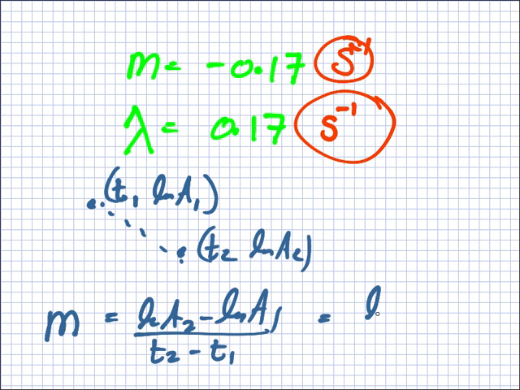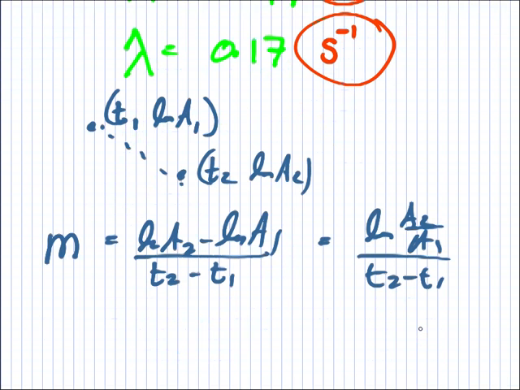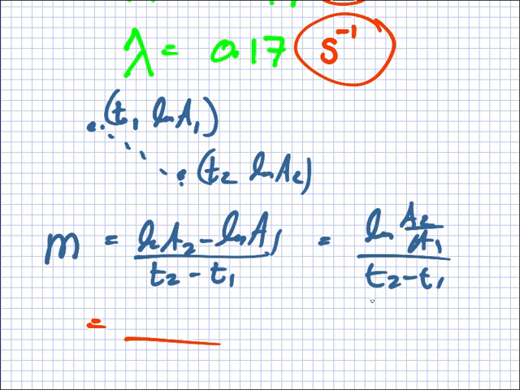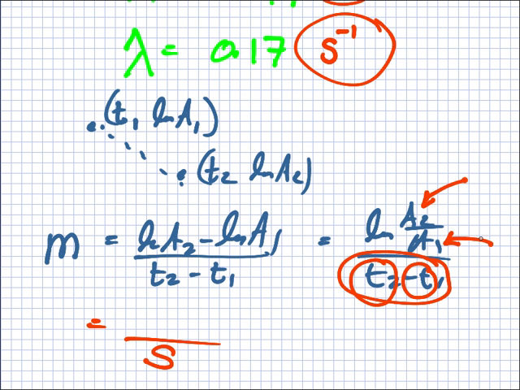That is equal to log of a2 over a1 over t2 minus t1. Now, this is seconds and this is seconds, so the total here is still per second. This is mole BQ and this is mole BQ, so what unit is here? Not BQ. No?